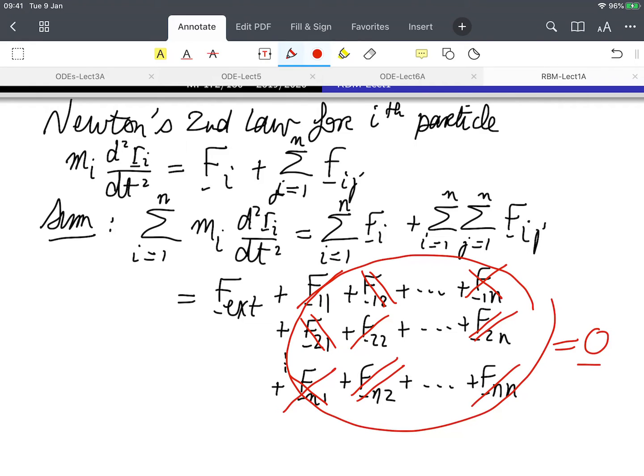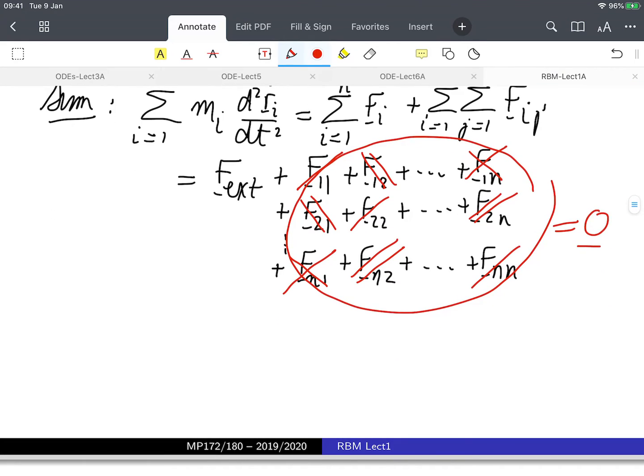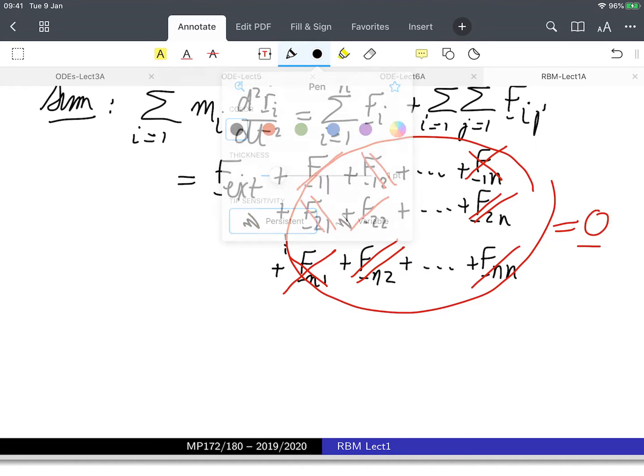That's nice. So instead of having to deal with n equations, I might be able to deal with all this only. Let's recap.